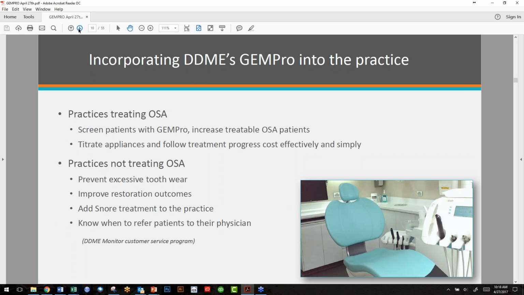Okay, incorporating testing into your practice. I divided practices into two categories: treating OSA and not treating OSA, because I fully recognize treating sleep apnea is not for everyone. In fact, it's not for most, to be honest.